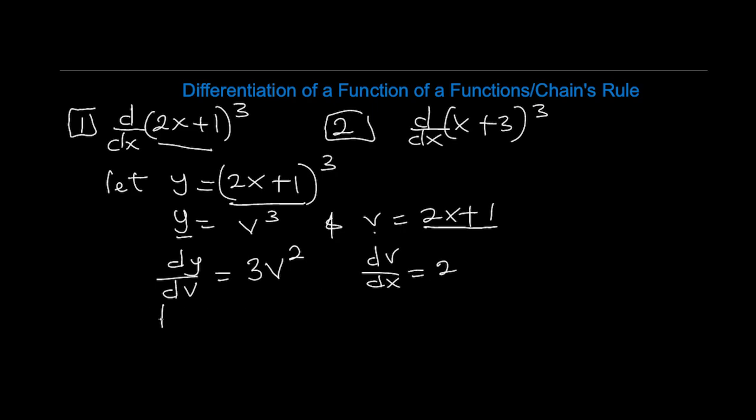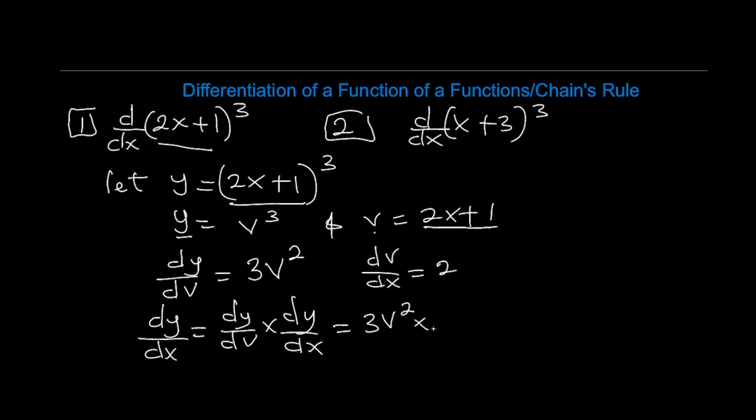So in the final conclusion, dy/dx will be equal to dy/dv times dv/dx. The final thing you do now is input those parameters. That will be equal to 6v squared. And then you return your v. Your v is 2x plus 1, and then power 2. That finishes the first case.